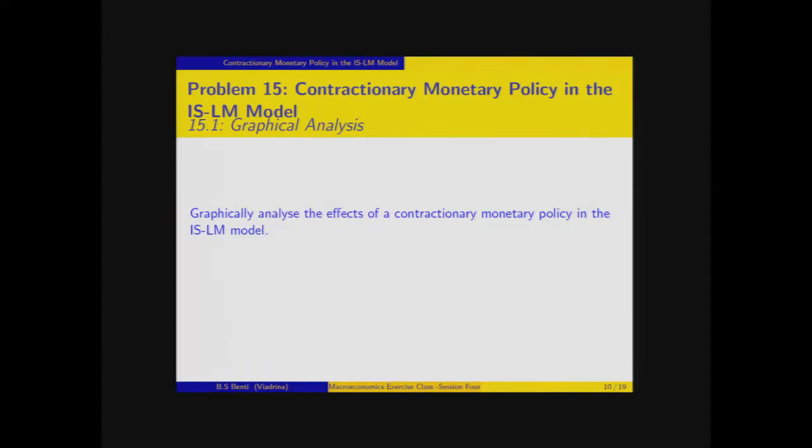The next exercise in our session 4 of the macroeconomic exercise is a contractionary monetary policy in the ISLM model again. The question says graphically analyze contractionary monetary policy in the ISLM model.